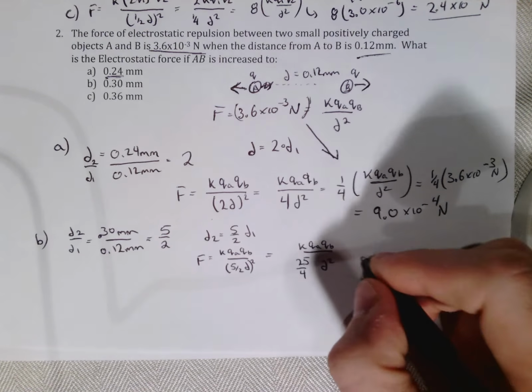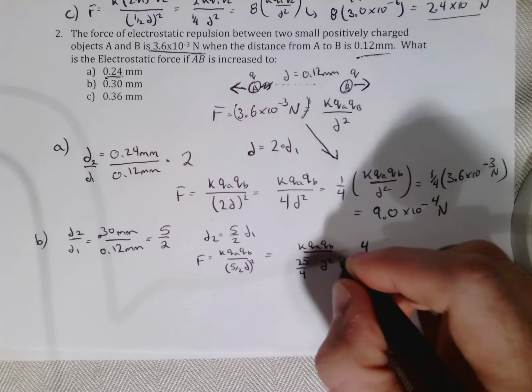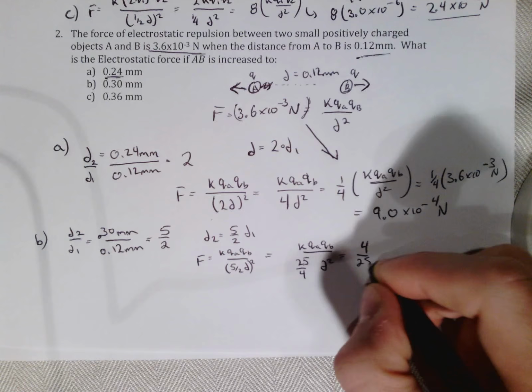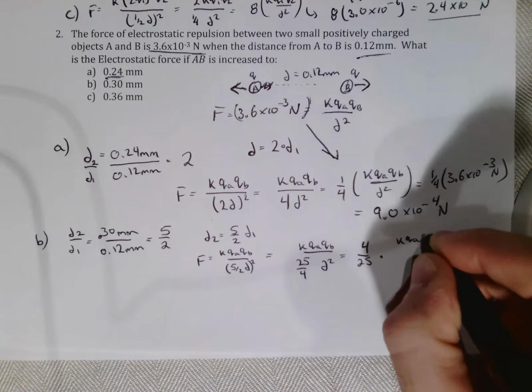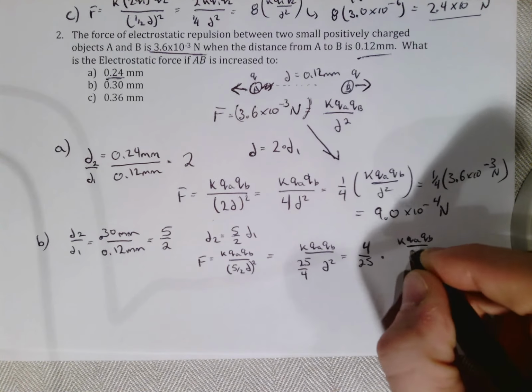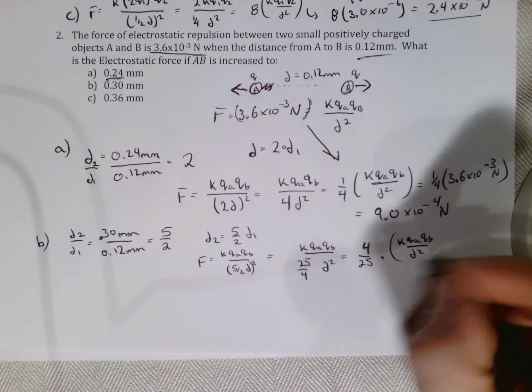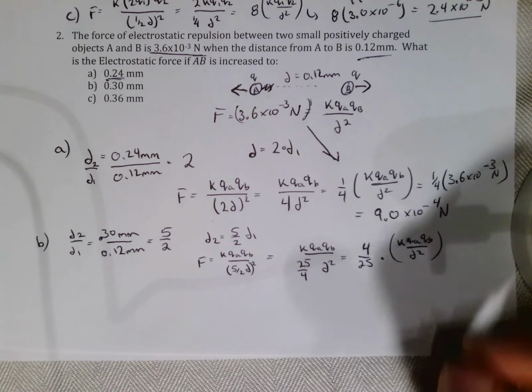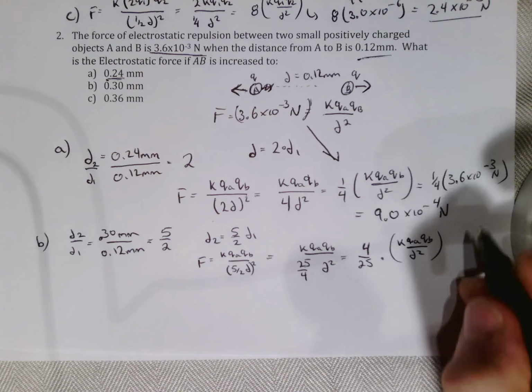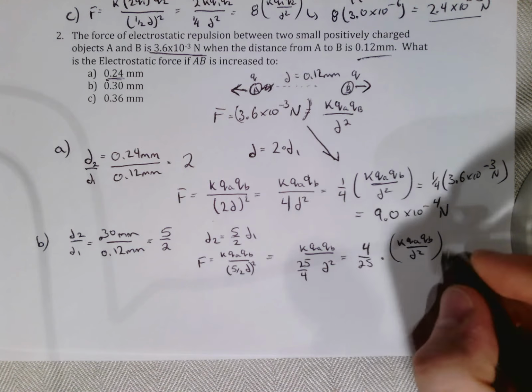I want to flip this up into the numerator, so I have 4 over 25 times k QA QB over d squared. Again, we've gotten back to k QA QB over d squared, which we know is just 3.6 times 10 to the negative 3.